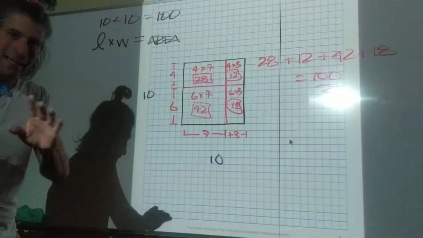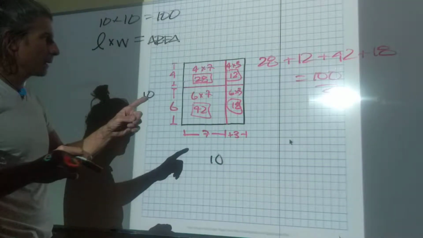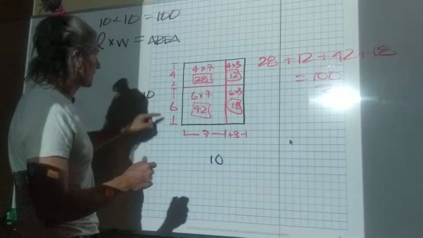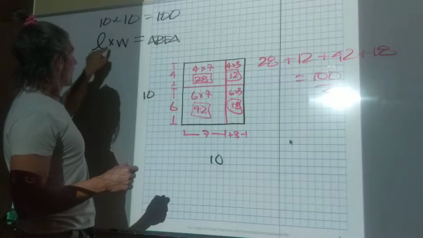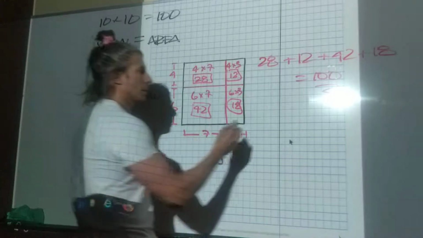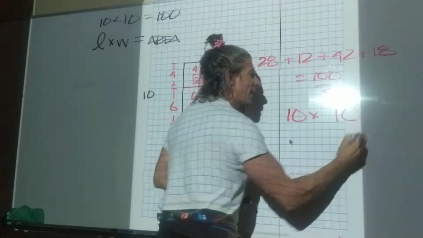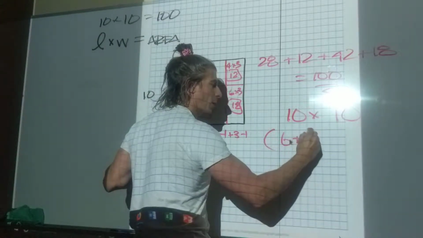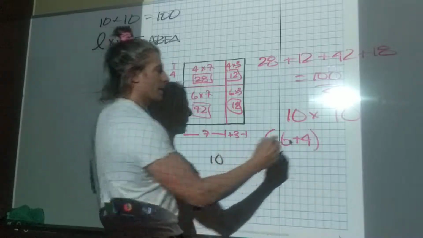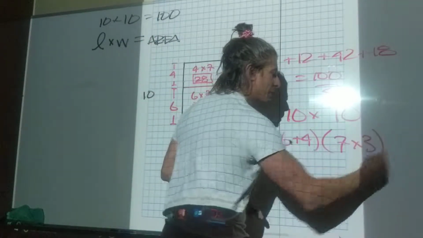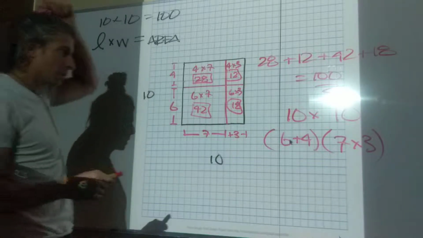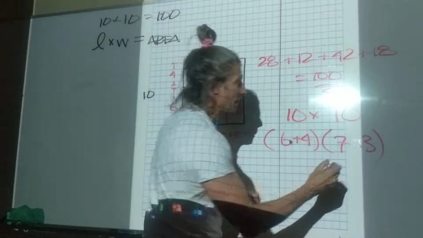But what you want to look at, not so much what it is, but look what it started as. Really, this started as 10 times 10. It's just that this 10 over here is really 6 plus 4. And this 10 down here is 7 plus 3, sorry.